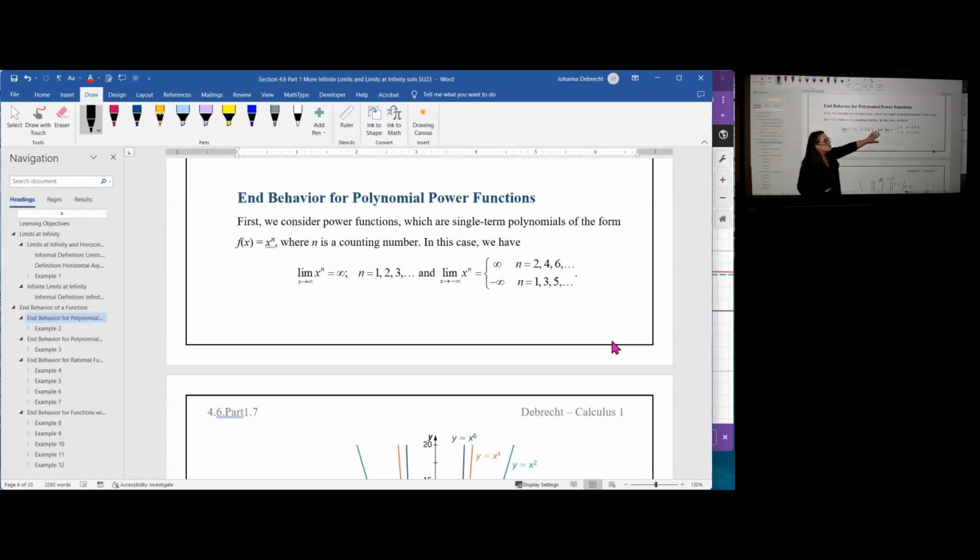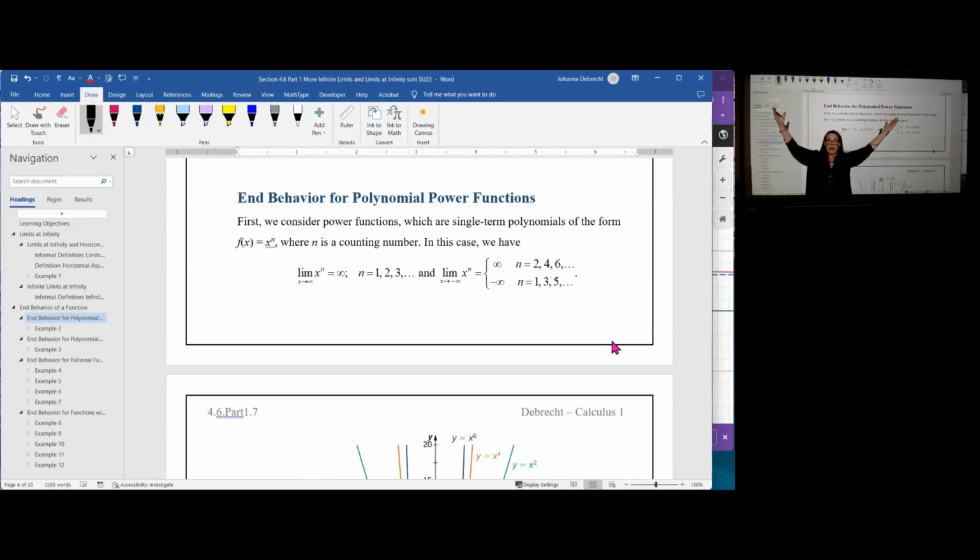Now, a power function consists of a single term polynomial where there's no coefficient. So it's pretty much a basic building block, x to the nth power. The limit of x to the nth power as x goes to infinity is going to depend on whether n is an even number or an odd number.